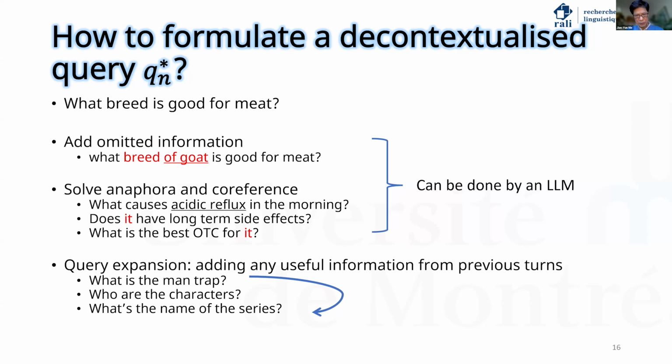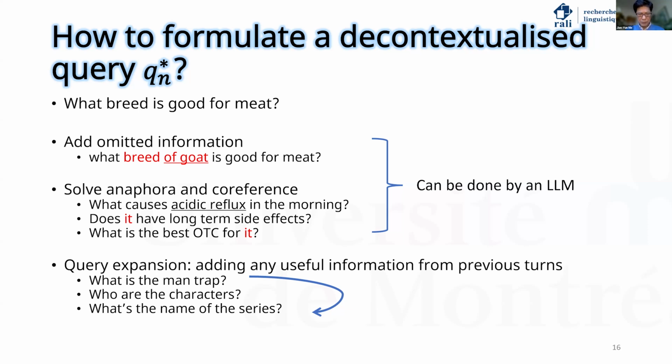But what we observe is that large language models will do that in a general way and not necessarily for the purpose of information retrieval. For information retrieval, there could be more useful information available in the conversation.